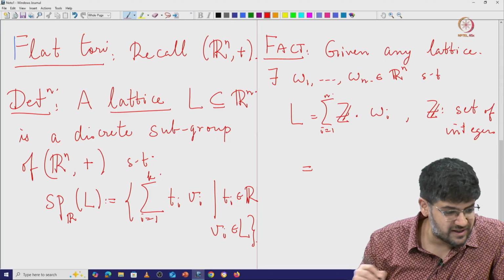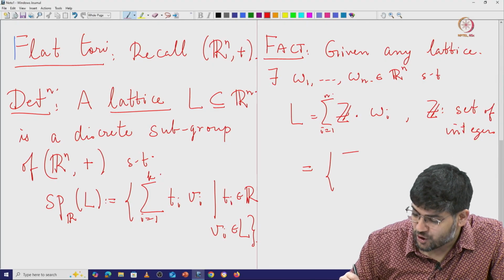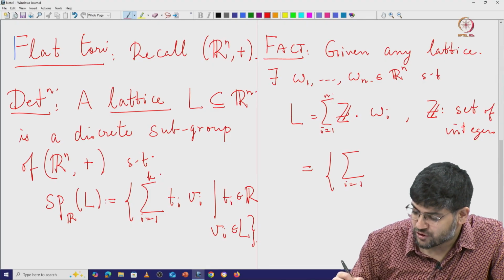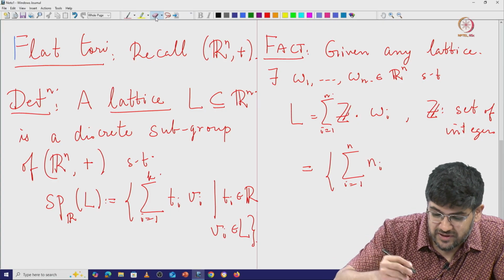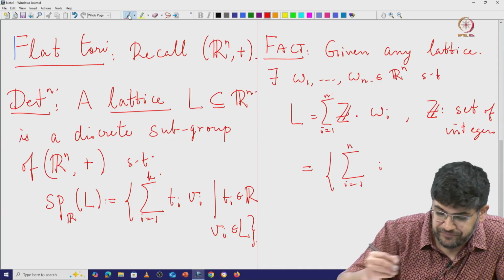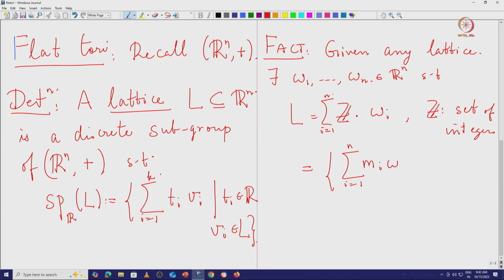In other words, this is the set of all linear combinations of the type Mi omega i, where Mi are now integers. So as groups, this L is just isomorphic to Zn.